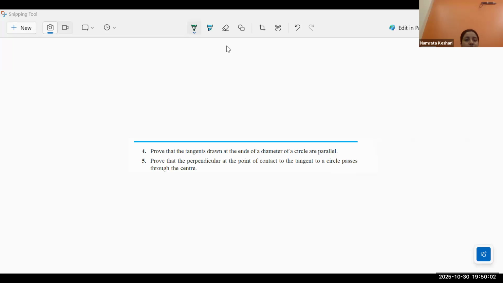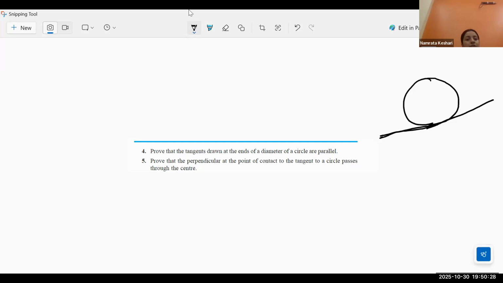Question number 5, which says: prove that the perpendicular at a point of contact. Point of contact means there must be a tangent, like this.